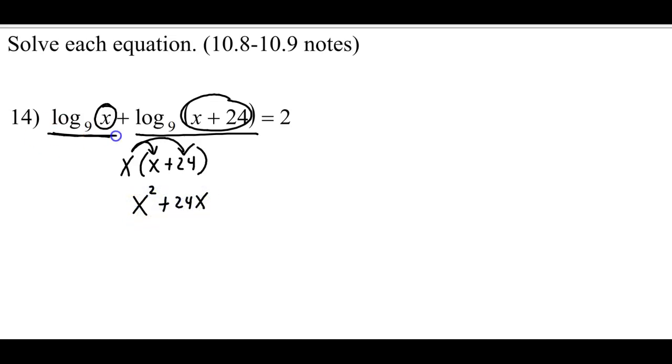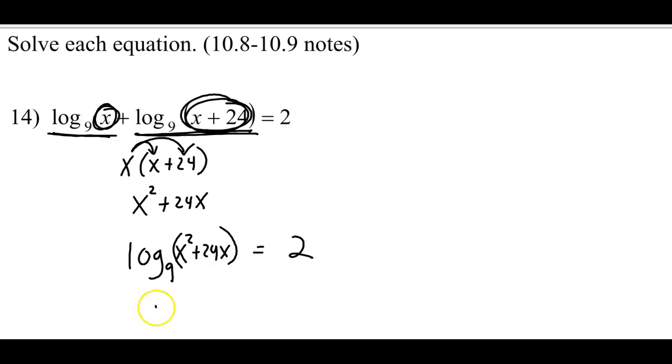So I can put these two logs together as one log. If I multiply these together, which I already did, and I got this. Next, we want to get rid of the logs, so we're going to exponentiate both sides.